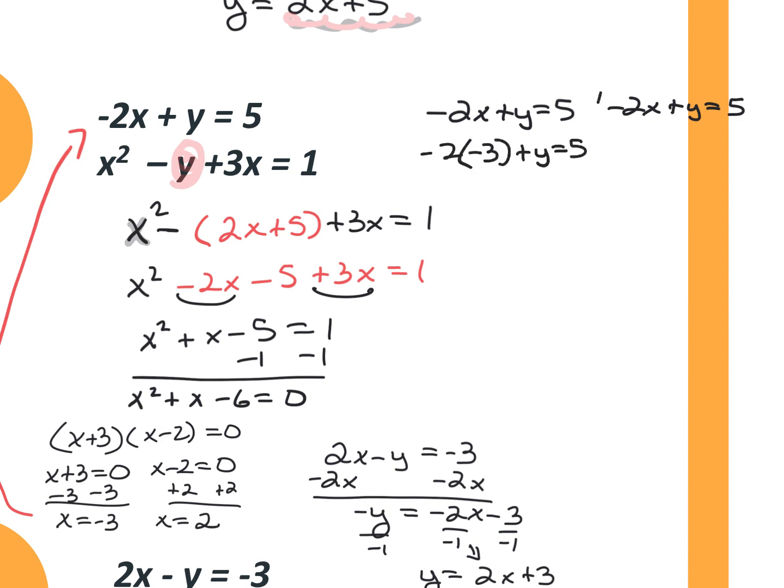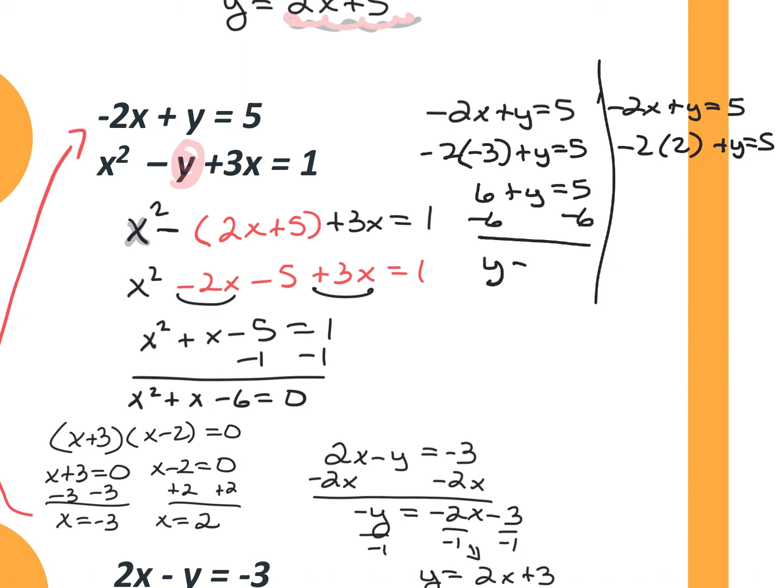And solve for y on both. So the first one becomes -2 times -3 is +6. Move the 6. y equals -1. So my first ordered pair is -3, -1.